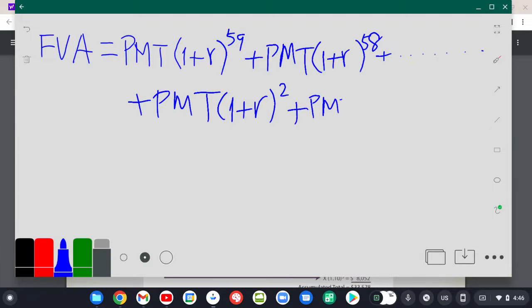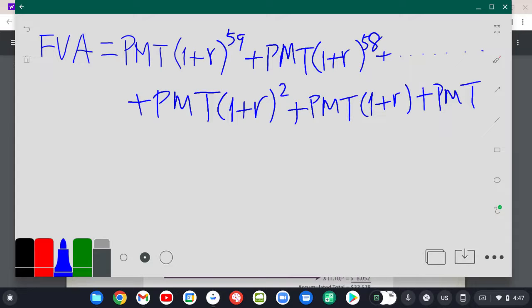The 59th deposit will earn interest just once. And the last deposit, 60th deposit, will earn no interest. It's just a payment or just a deposit. Okay? So this is the idea behind it.